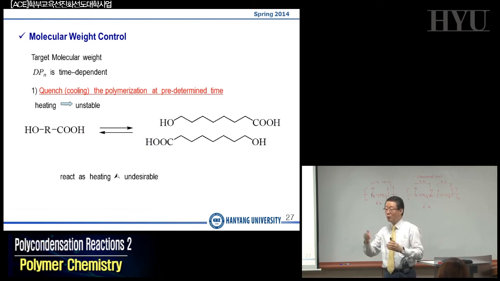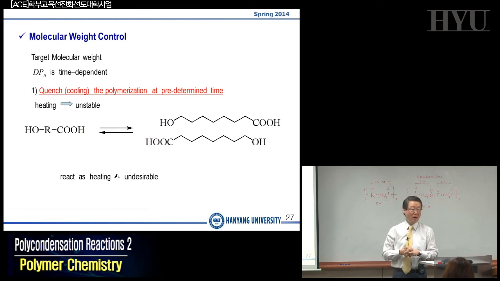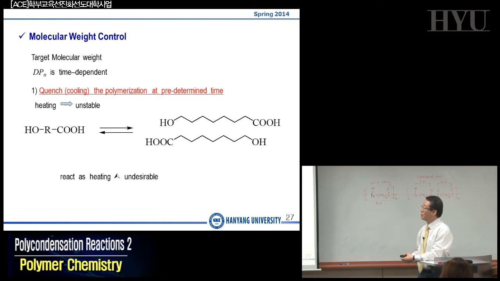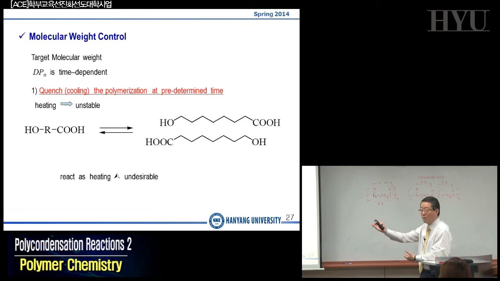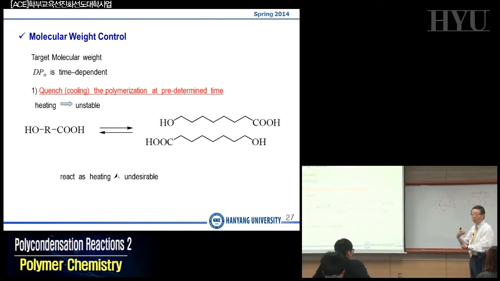But you will not be able to wait 45 hours to get the polymer, which is not very economical, right? So to control the molecular weight, because DPn is time dependent, time will provide you high molecular weight, but you cannot wait.